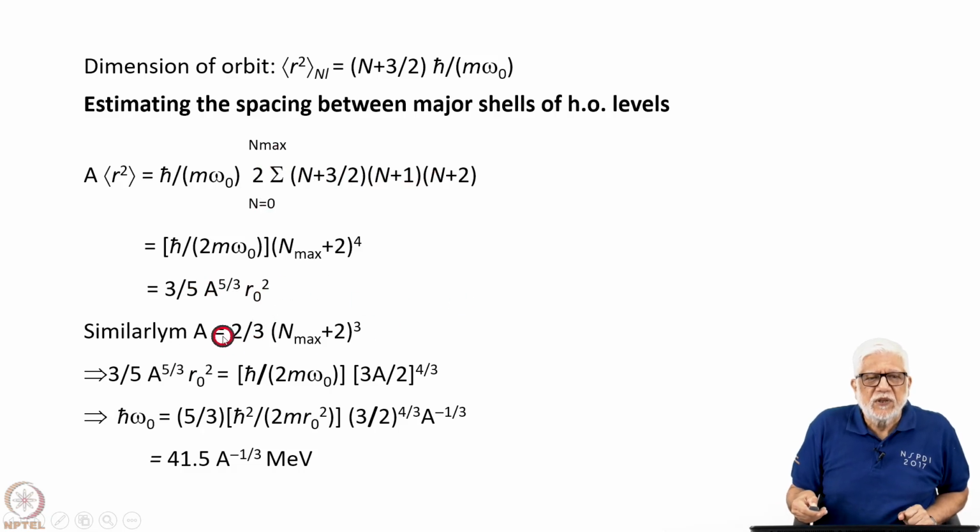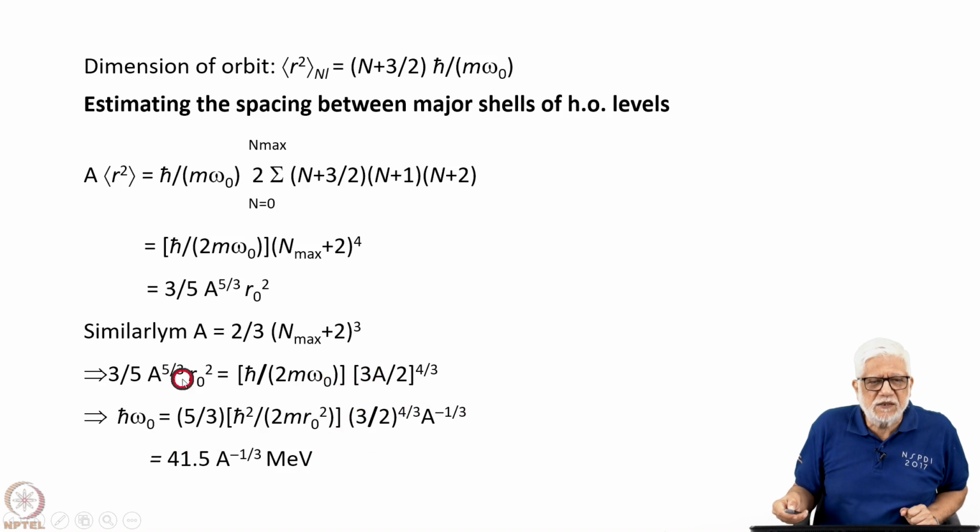And similarly, you can also get another way, I mean a is also equal to 2/3 of n max plus 2 whole cubed, sorry, and then you can relate these two and you can get a h cross. So, you can see that you have on this side something that depends on omega 0, sorry, and something that is proportional to r 0 and a, or related to r 0 and a.